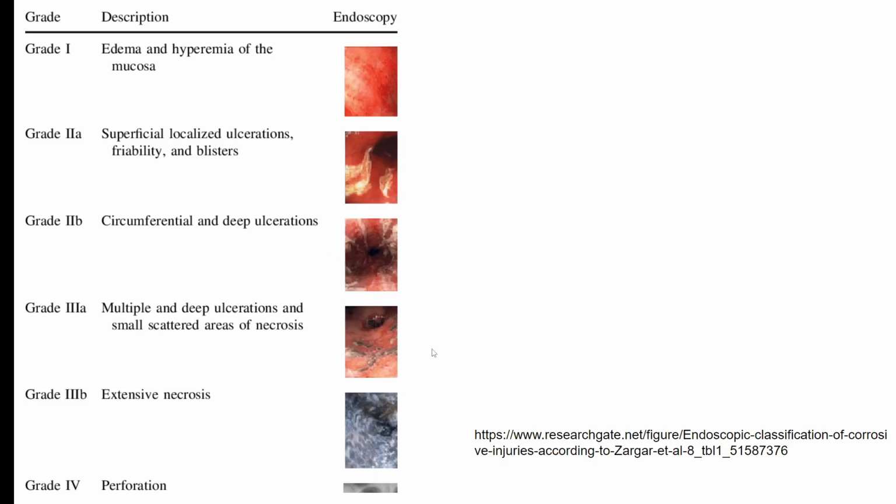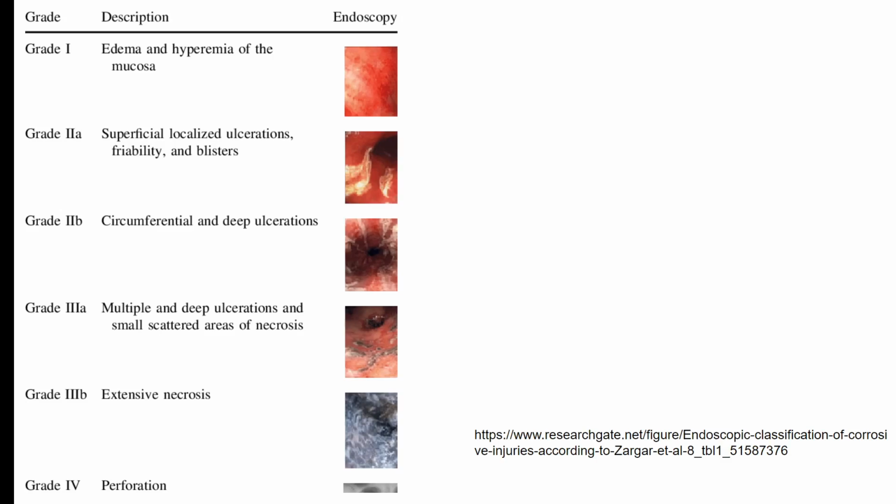These conditions require an immediate emergency treatment. So if a patient comes to you with this kind of a history where there is a deep ulceration or multiple ulcerations or extensive necrosis, that's a condition which requires an emergency treatment, and a gastrostomy tube for feeding, an alternative pathway for feeding, may be required in that condition, and the outcome would be very poor.